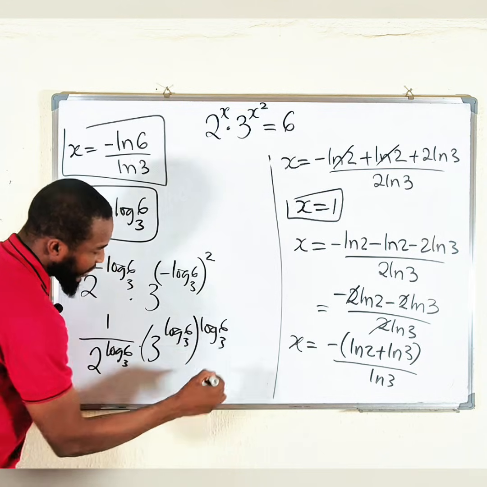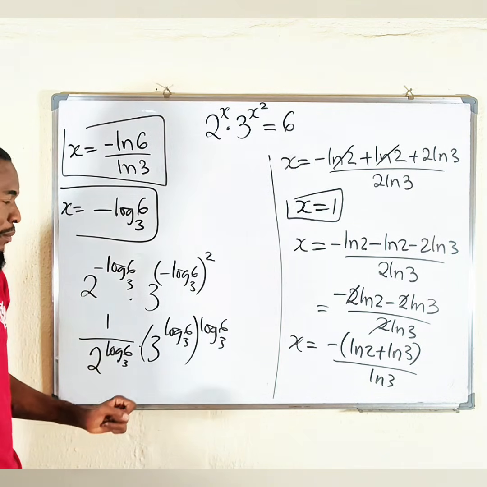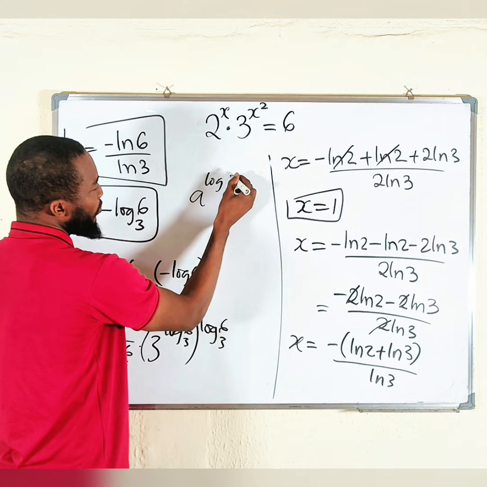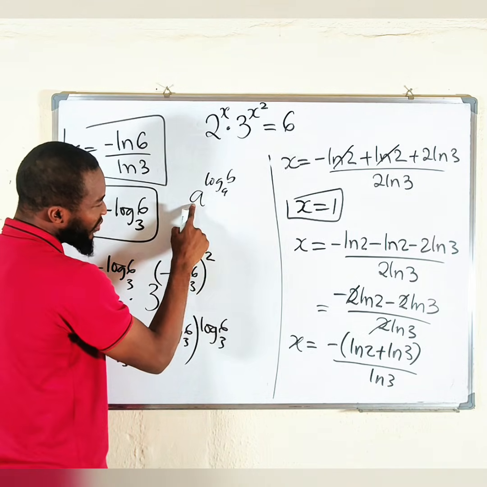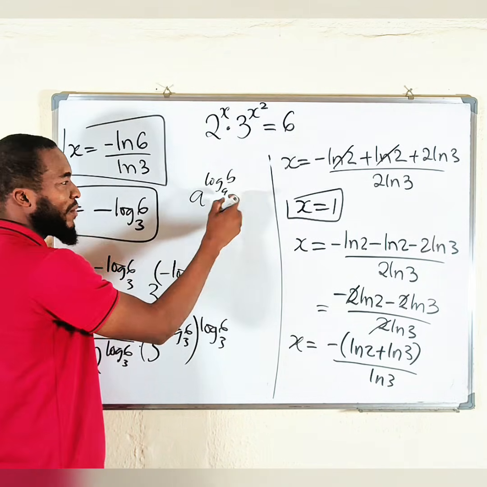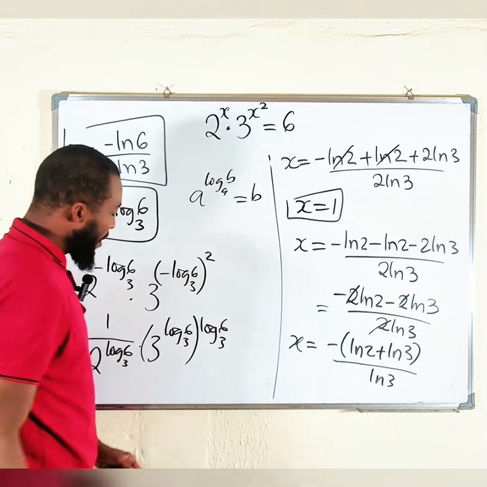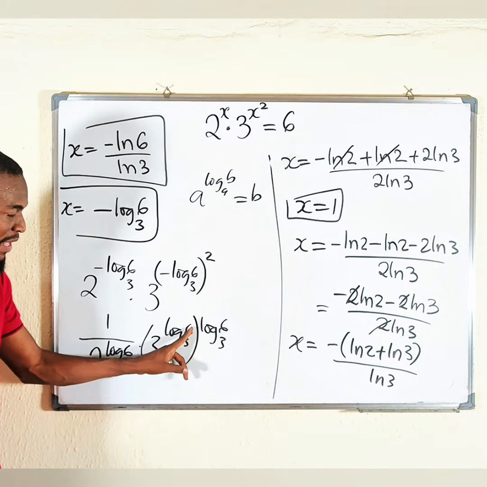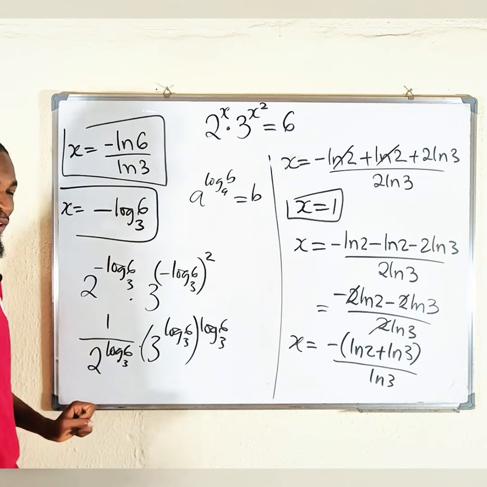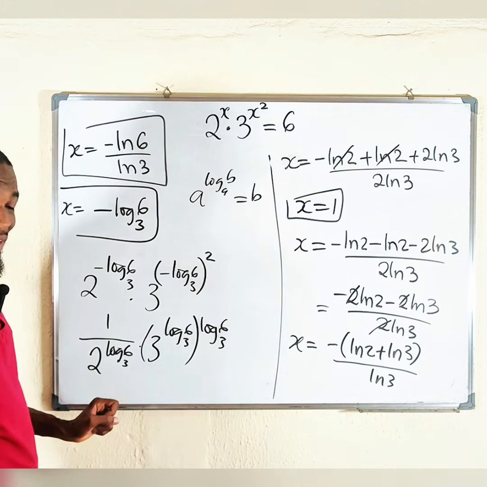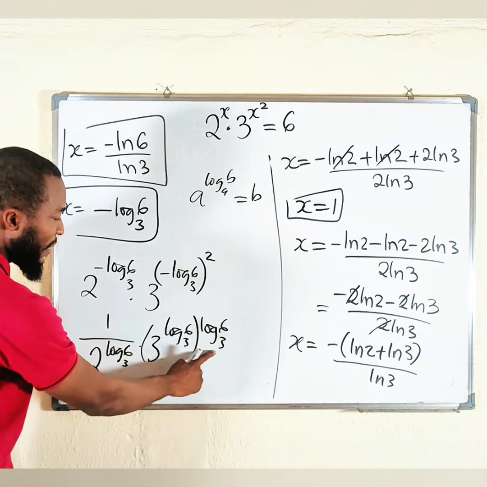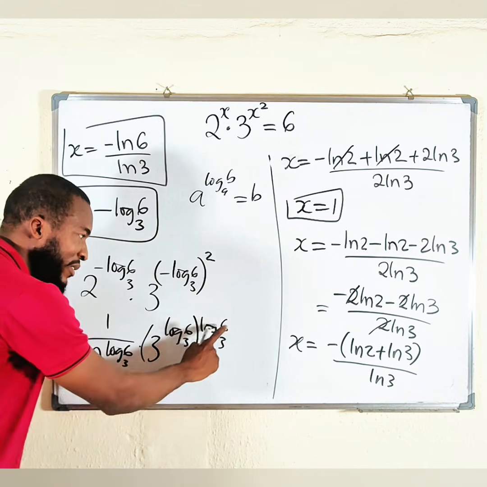Log 6 base 3. Another law you should remember, if you have e to the power of log of b base e, provided this base and the base of the logarithm are the same, this is going to give you b. So this base is 3, the base of log is 3, so you only have 6 here. Do you understand? This is going to be 6 raised to the power of what? This one, because the whole of this is 6 raised to the power of this.